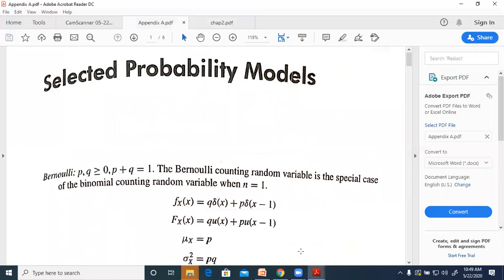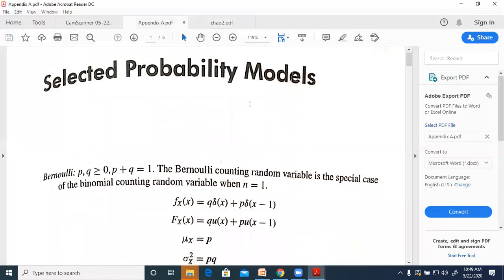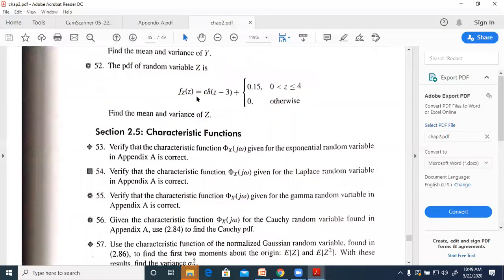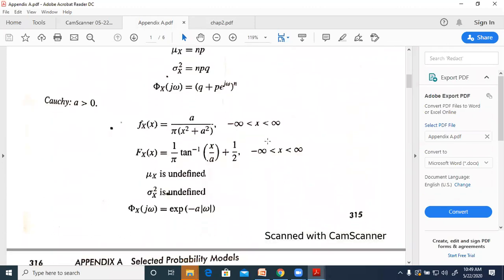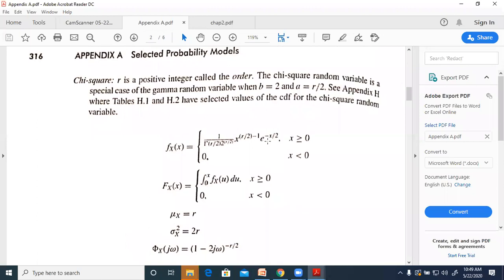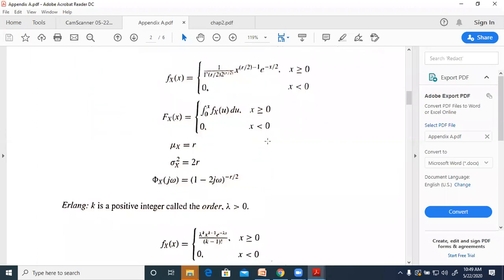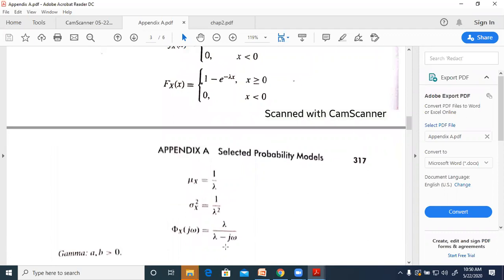So in Appendix A, for the random variable corresponding to the exponential case, the exponential case is what is to be proved. This is the Erlang, and this is exponential, and this is the phi. Given this fX(x), we should get this.